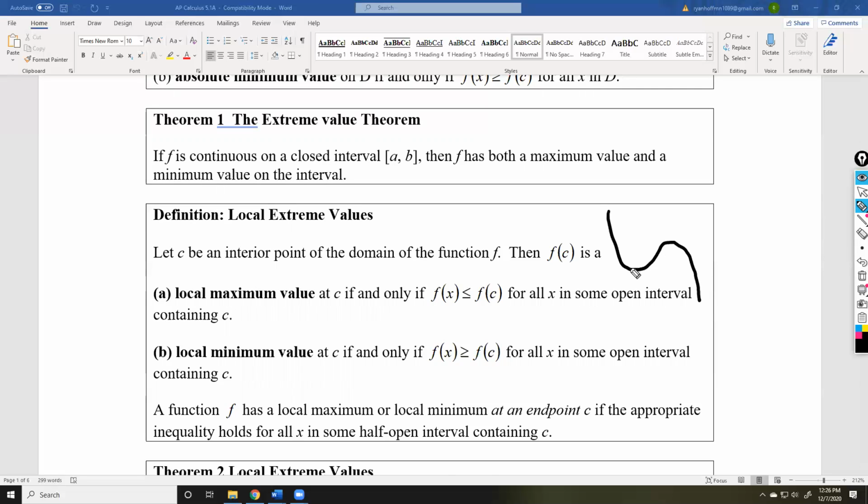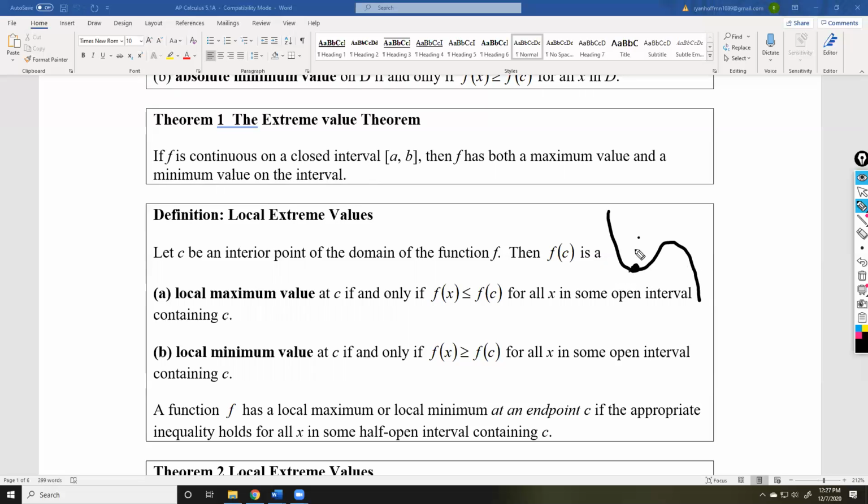Then this lets me say that this point is a minimum. It's not the smallest point, but it is the smallest point if I look in a window within my function. I still have this point being a low point on the graph, but it's not the smallest point.